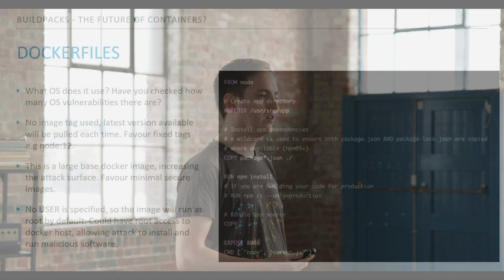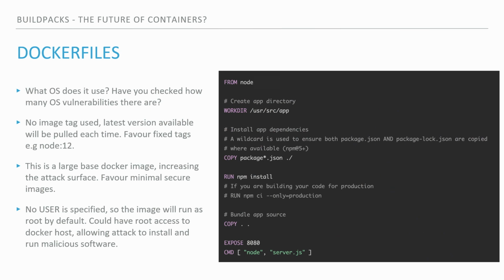One downside of this is it increases the attack surface, so there are more areas for attackers to attack your app. And lastly, we can see there's no user defined, so this container will run as root by default, and depending on your system, this may mean that if an attacker gets into your container, they can access your Docker host and maybe spin up some extra containers and install malicious software.